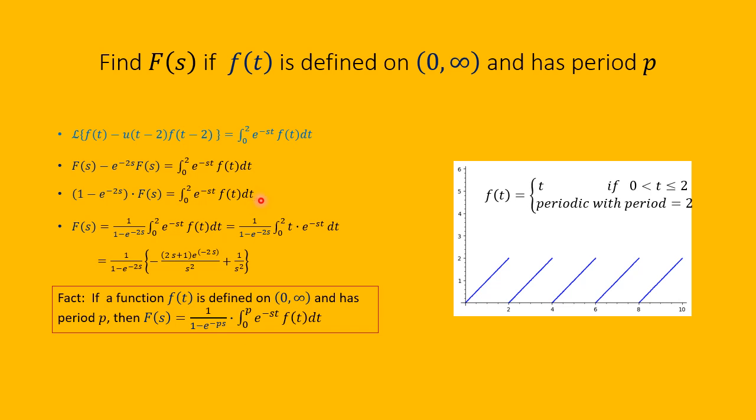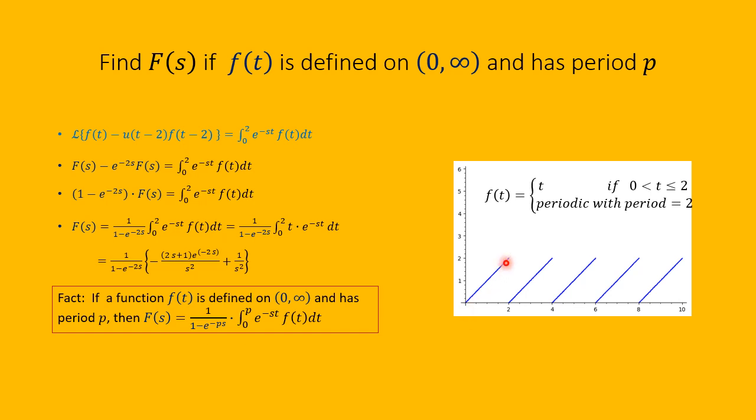Okay, so at this stage, if we divide by this factor 1 minus e to the minus 2s, we can solve for capital F of s, the Laplace transform of this periodic function. So capital F of s is 1 over 1 minus e to the minus 2s times the integral from 0 to 2 of e to the minus st f of t dt.